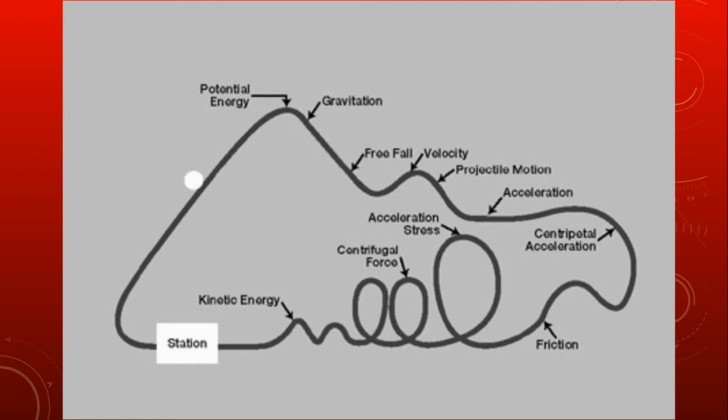Cars move fastest at the bottom of hills and slowest at the top of hills. Friction converts useful energy into heat and must be minimized. G-forces greater than 1 occur at the bottom of hills. G-forces less than 1 occur at the top of hills. And to avoid failing, cars must have a certain velocity at the top of loops. These are all important factors that you need to think about when designing your roller coaster.